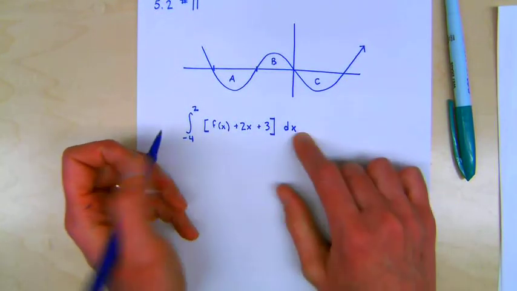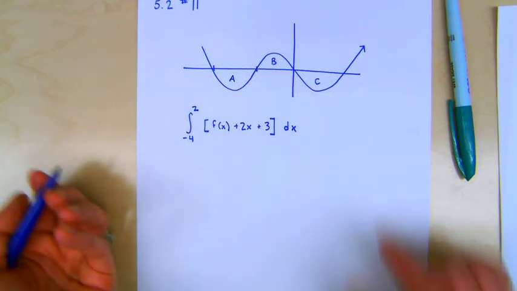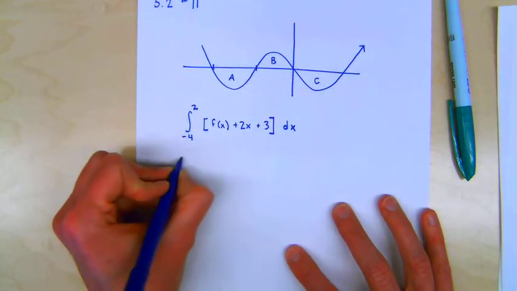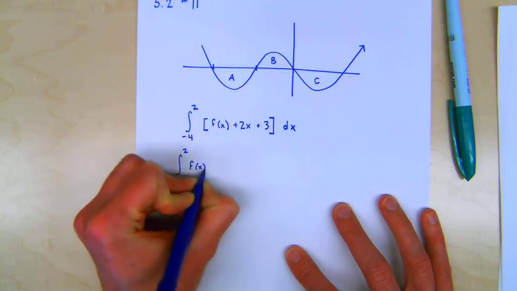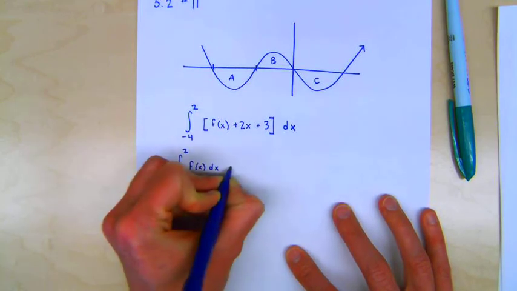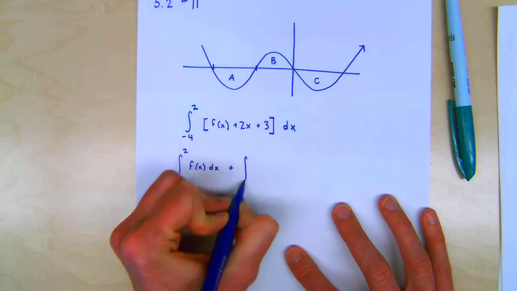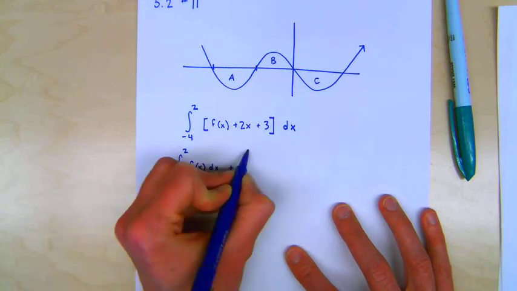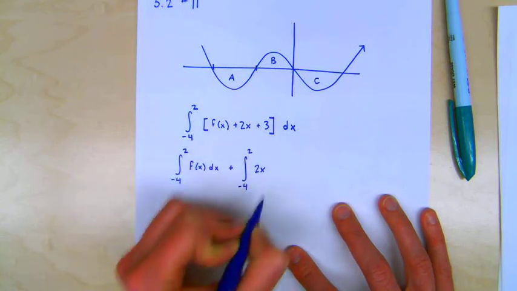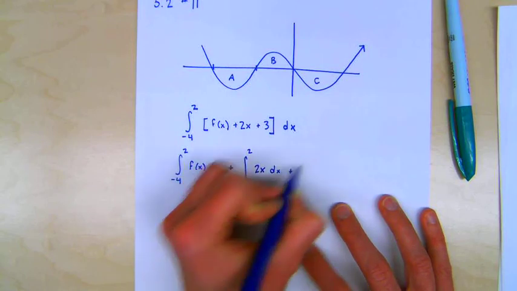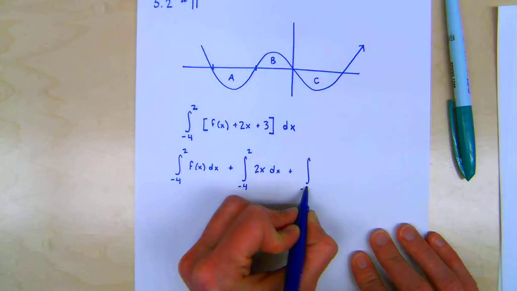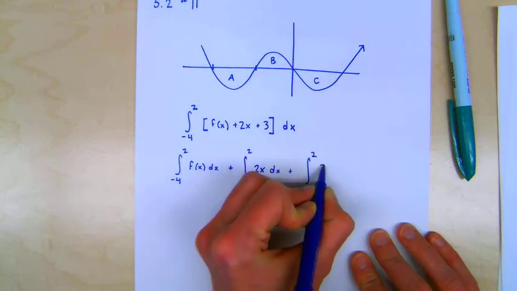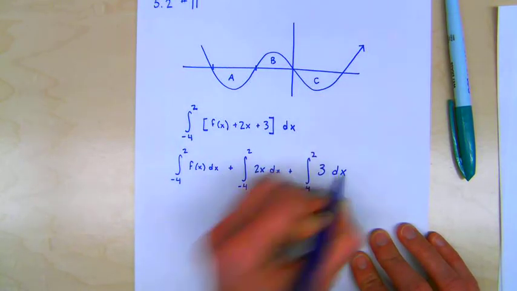So one of the things that we can do is we can split this up using properties of integrals. So I could rewrite this as the integral from -4 to 2 of our function f of x dx, and then I could add on the integral from -4 to 2 of 2x dx, plus finally my integral from -4 to 2 of 3 dx.